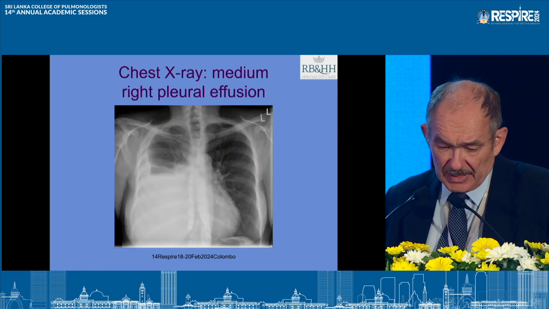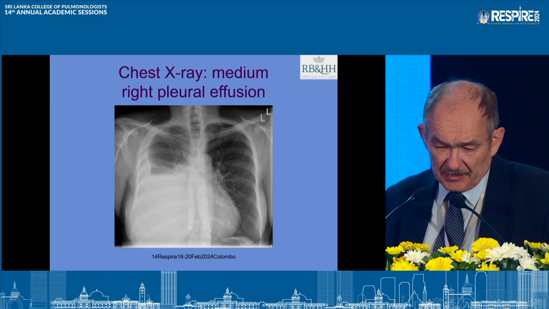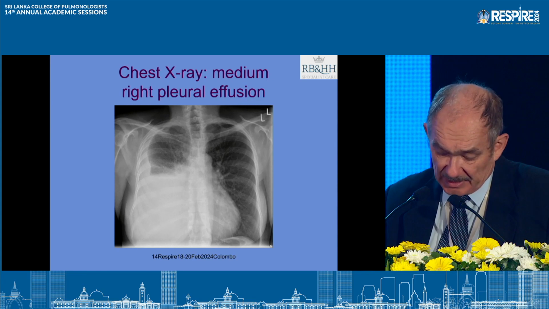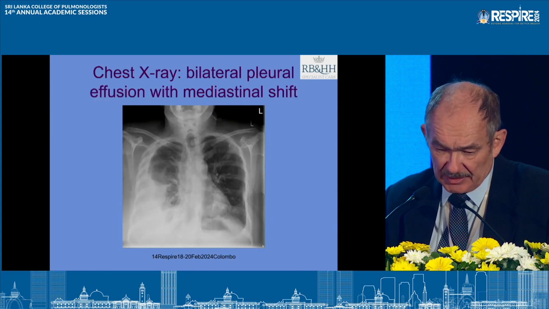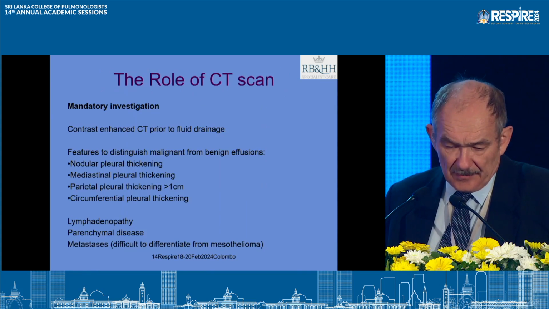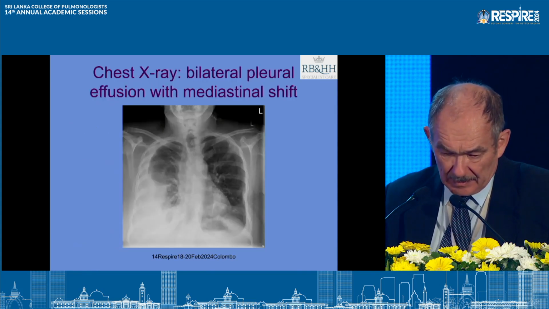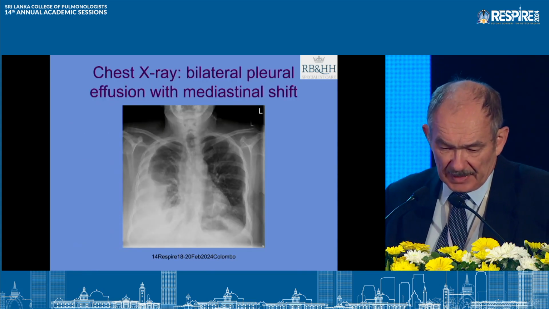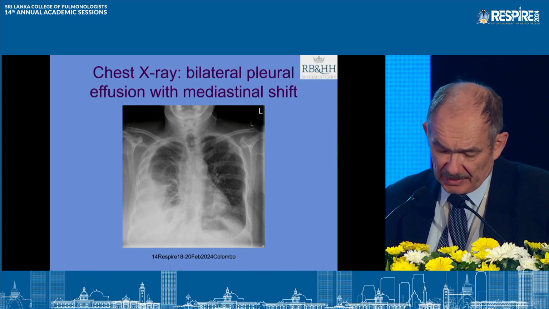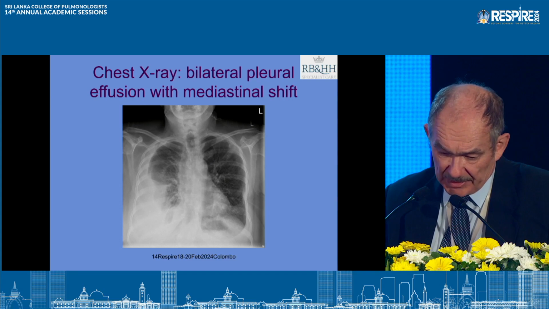Obviously, the fluid can be bigger, compressing the lung with a shift of the trachea to the contralateral side, and it could be bigger still, with complete opacification of the hemithorax, as we've already seen in previous presentations.